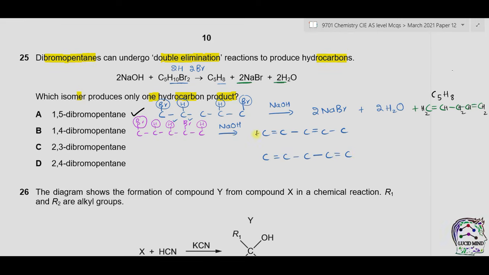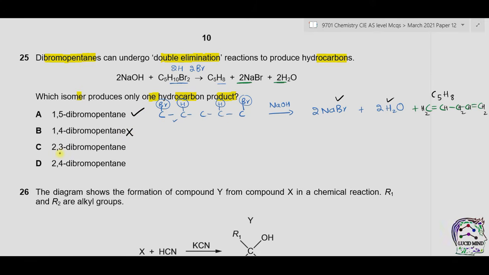Rest are the hydrogen atoms. In first hydrocarbon product we have double bond on first and third carbon atom, while in second hydrocarbon product the double bond is on first and fourth carbon. Other product is NaBr and H2O. Now as we can see that 2 hydrocarbon products are formed, so therefore B is incorrect.